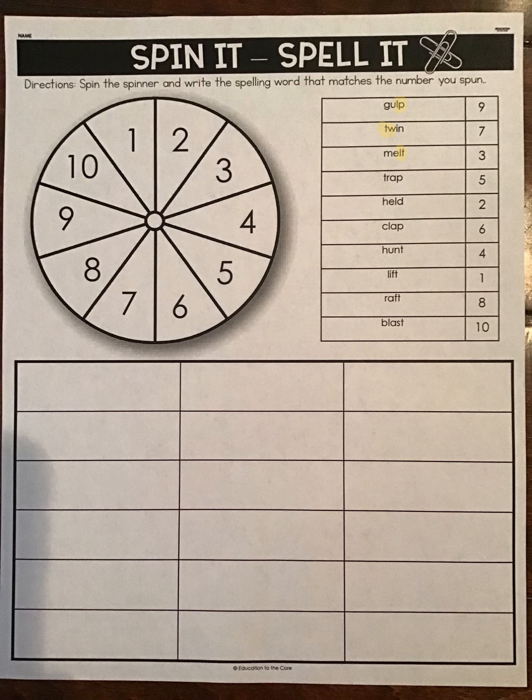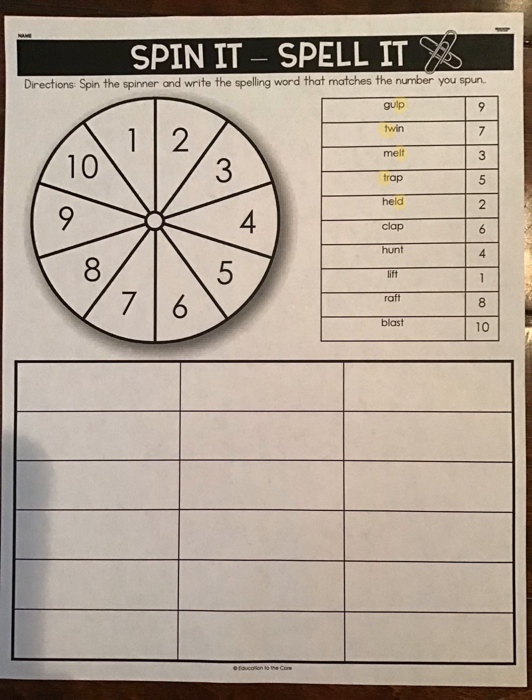And I can see my T blend at the beginning or the initial part of the word. The next word is held. Finger stretch. H-e-l-d. Held. And my L blend is found at the final part of the word.